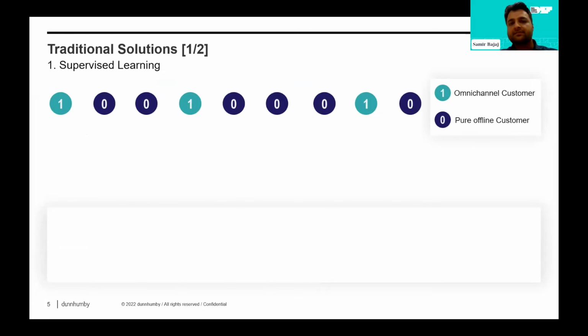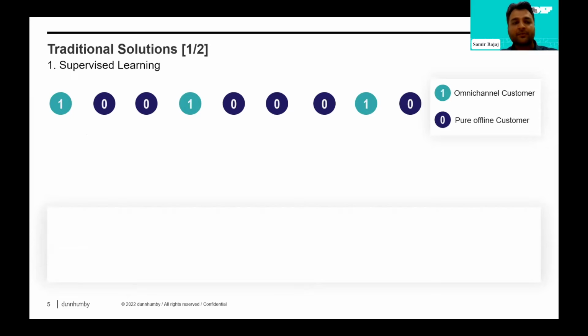So with this problem statement, one possible knee-jerk traditional solution is this. Here is a sample of customers. Ones are the existing omni-channel customers, while zeros are those customers who have never made a purchase online.